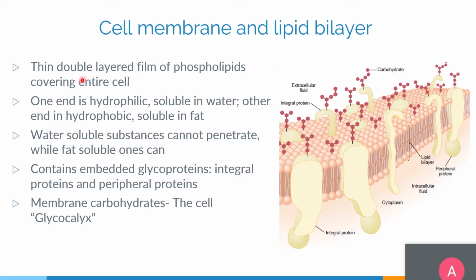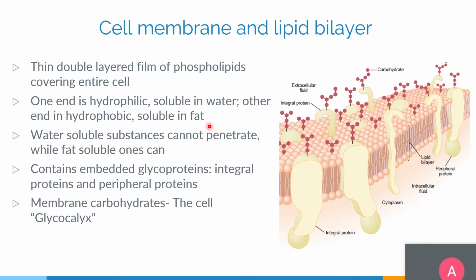A thin double-layered film of phospholipids covers the entire cell, and this is known as the lipid bilayer. One end of the phospholipids is hydrophilic, which is soluble in water, and the other is hydrophobic, which is soluble in fat.